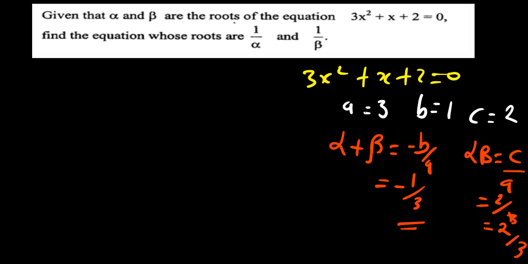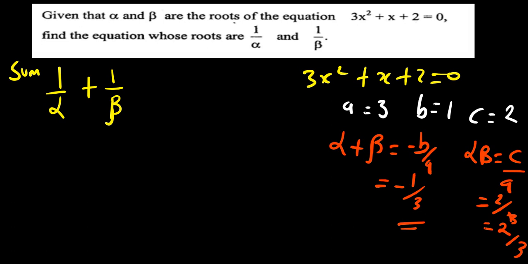So now they're asking us to find the equation whose roots are 1 over alpha and 1 over beta. Okay, so let's find first the sum of these roots. We have 1 over alpha plus 1 over beta.